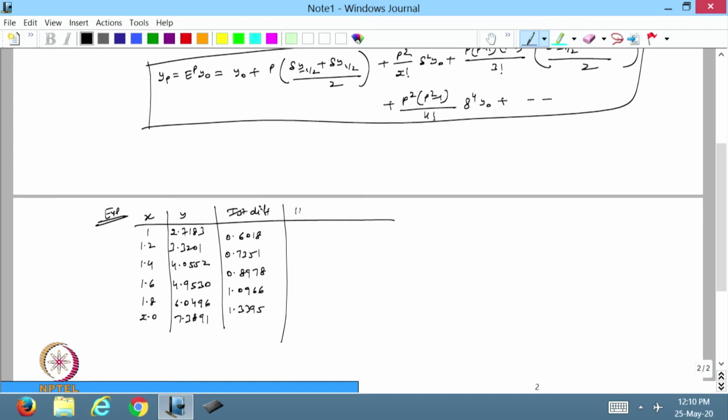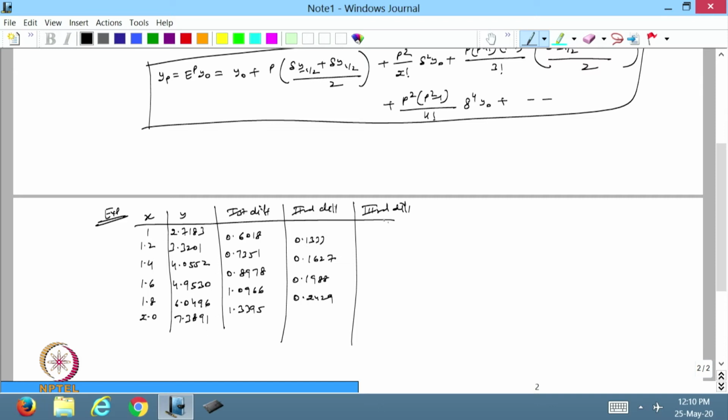Then I take the second difference. The second difference will be 0.133, 0.1627, 0.1988, 0.2429.